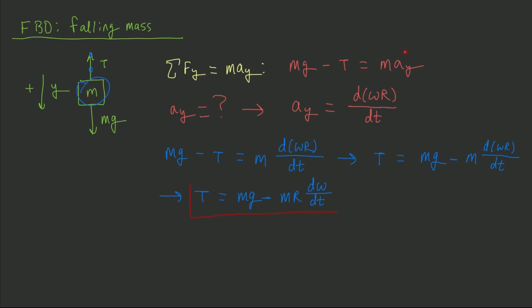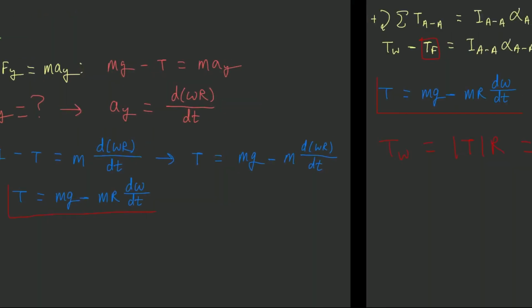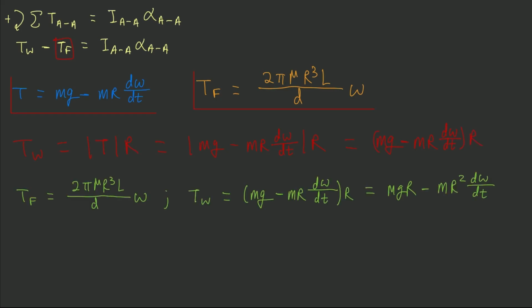So if AY is positive, as shown here, and we know M is positive, that must mean that MG is greater than T. So we assume that MG is positive, T is positive, because we've written this as a magnitude minus a magnitude. So a big number minus a smaller number is equal to some number in between. Since this is effectively MAY and this is MG, you could see then that this is already positive. So we could just drop the absolute values. So mg minus mr d omega dt r. Okay, so we have our final torques here, which are properly signed.